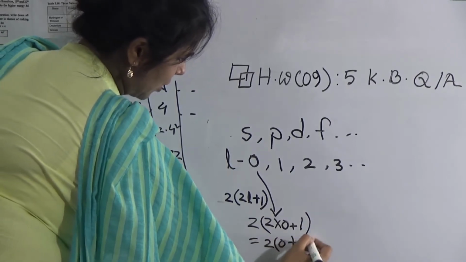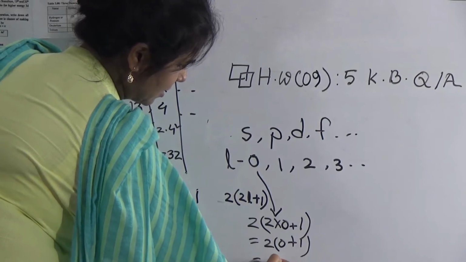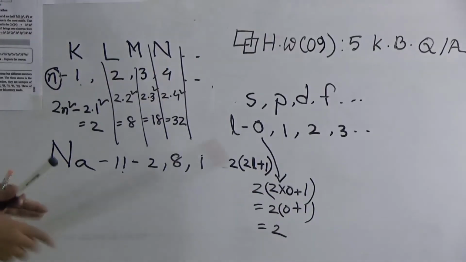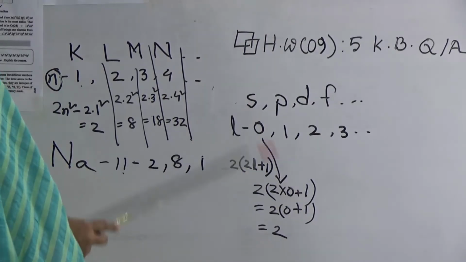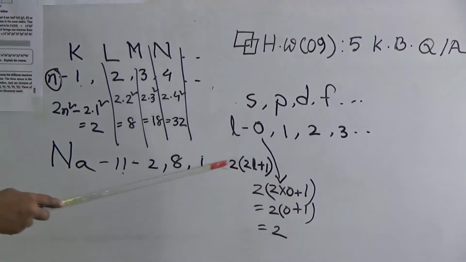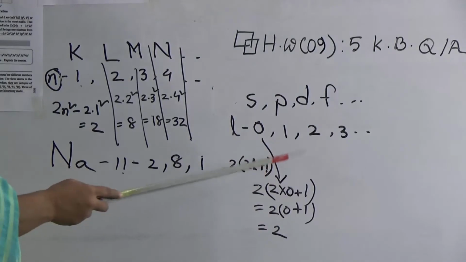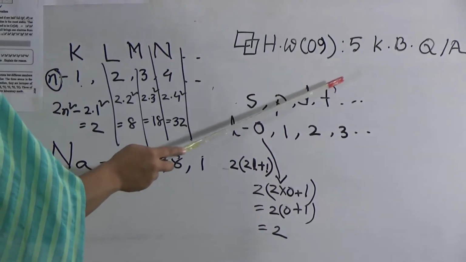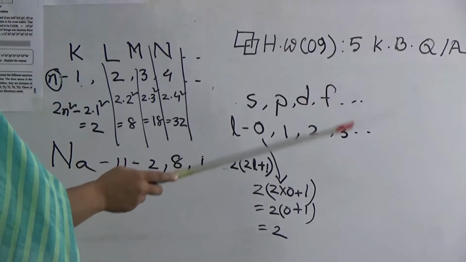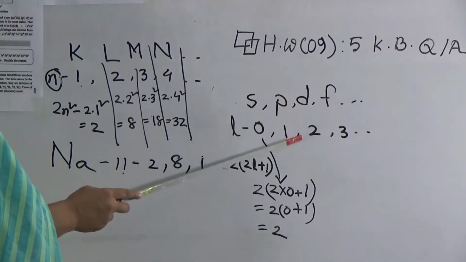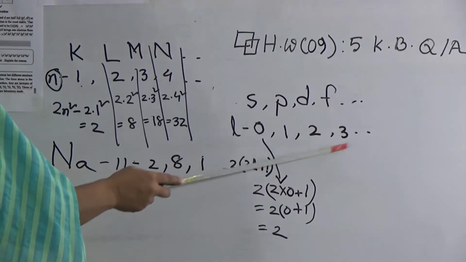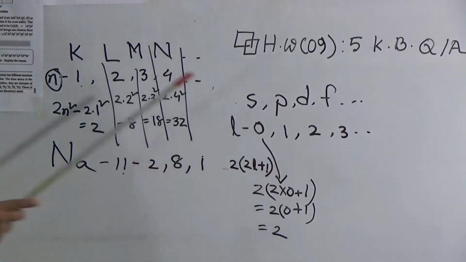That means in the s orbital 2 electrons can stay. By following this formula, we can find out how many electrons can stay in the p orbital, d orbital and f orbital. In the p orbital 6 electrons can stay, in the d orbital 10 electrons can stay, and in the f orbital 14 electrons can stay.